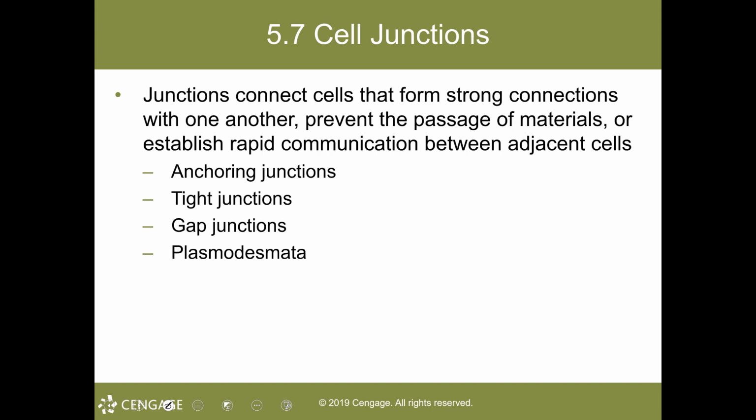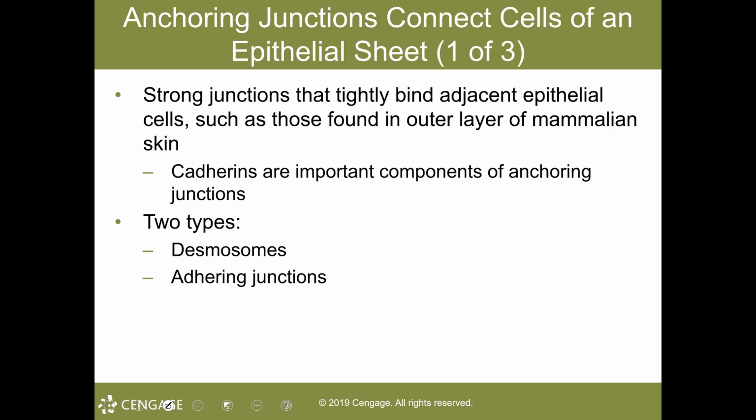So I'll do these briefly. First things first, those strong junctions, maybe even to anchor. I'll call these anchoring junctions. They anchor, such as to connect skin cells to each other, which are better known as epithelial cells.